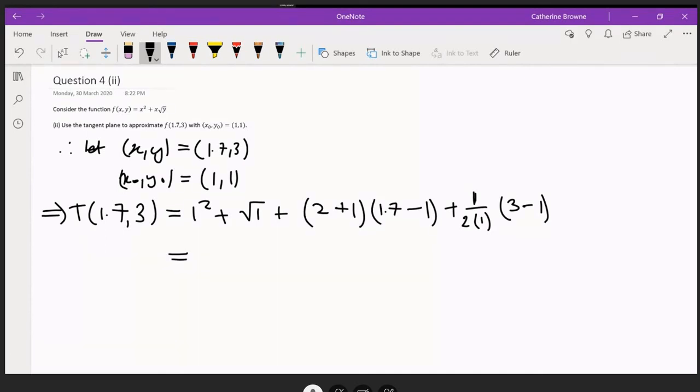So I think 2 plus 3 by 0.7 plus half 2, and I get 5.1. I can do that in my head quite easily without getting a calculator to find the square root of 3, or trying to square 1.7.